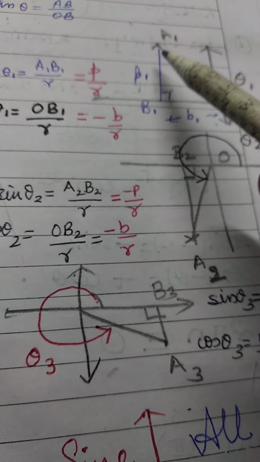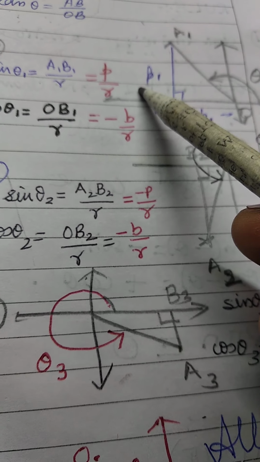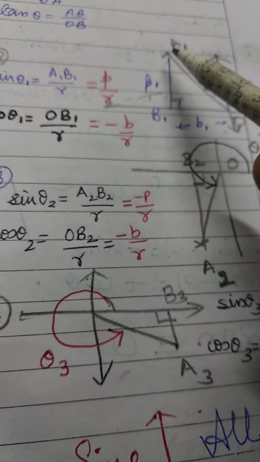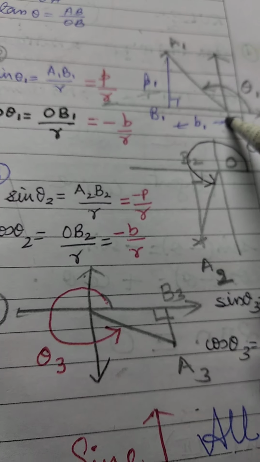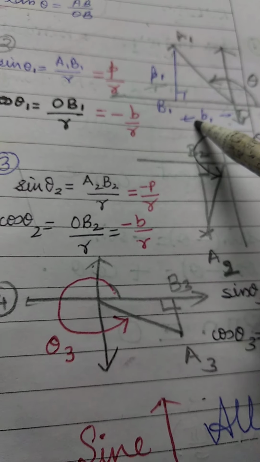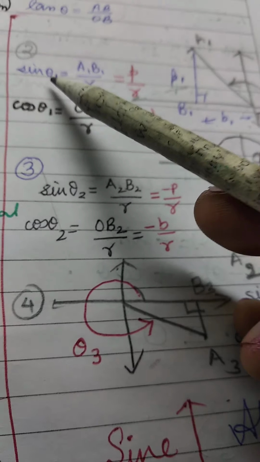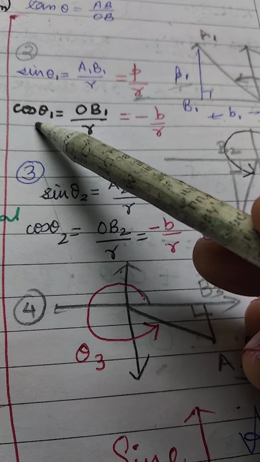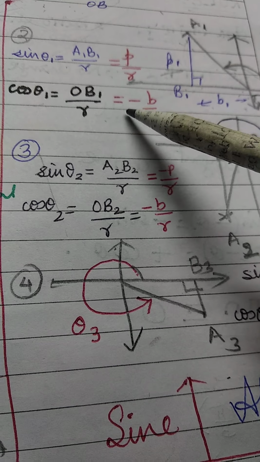For the angle XOA1, we'll be finding the ratio of the length of the perpendicular from A1 with respect to the radius of that circle, or the foot of the perpendicular's distance from the origin with respect to the radius. In particular, I am discussing only two of the quantities, the sine ratio and the cosine ratio, because we can get the rest of the four in terms of these. So we'll focus only on these two.